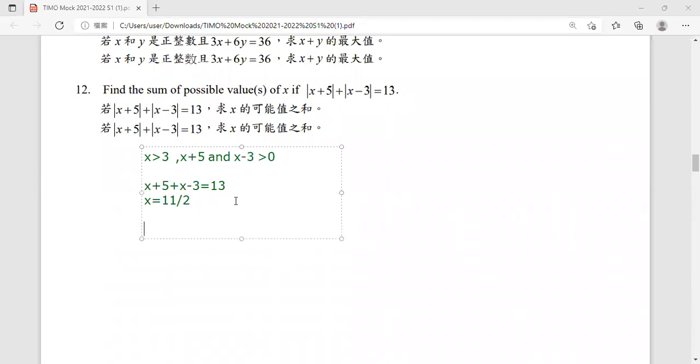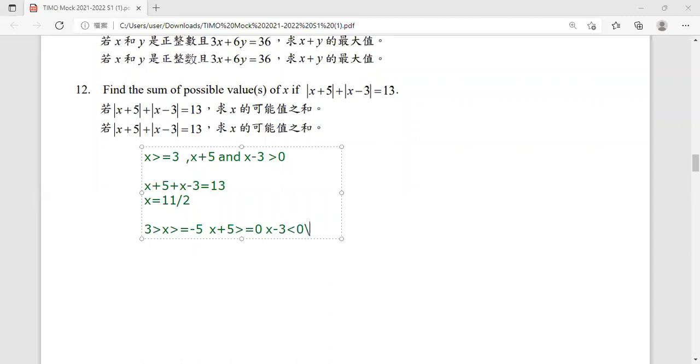And next case. x is greater or equal to negative 5. Then x plus 5 is smaller than 0, but x is greater or equal to 0, and x minus 3 is more than 0.